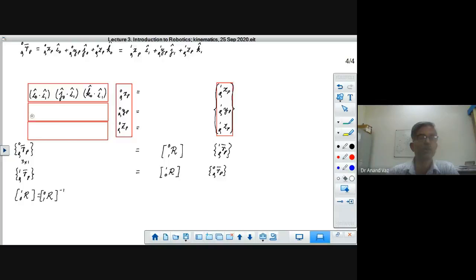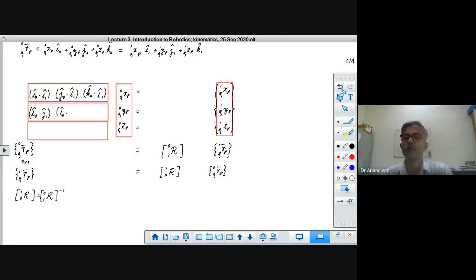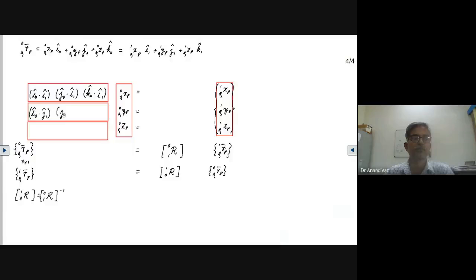So here it will become I naught dot J1, this will be J naught dot J1, and this will be K naught dot J1.